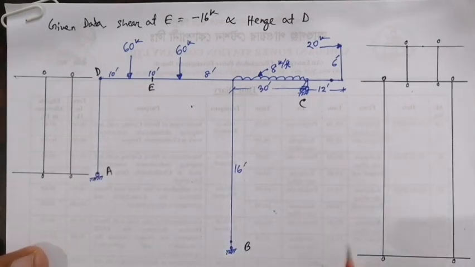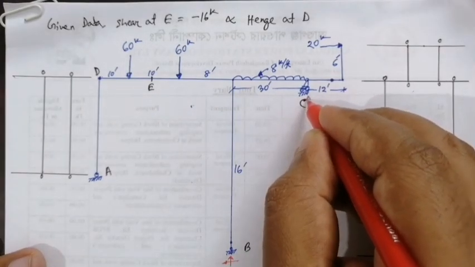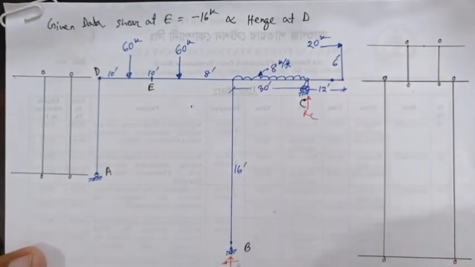So look at this structure here. At this point, vertical force and horizontal force exist. This is only a vertical force, RC.